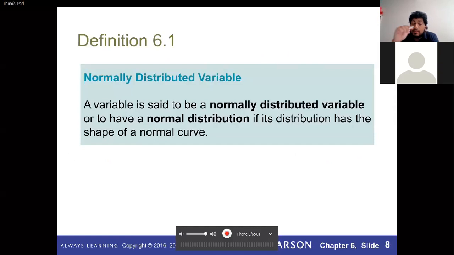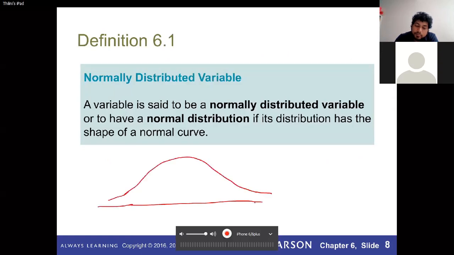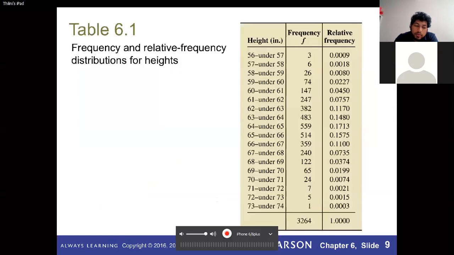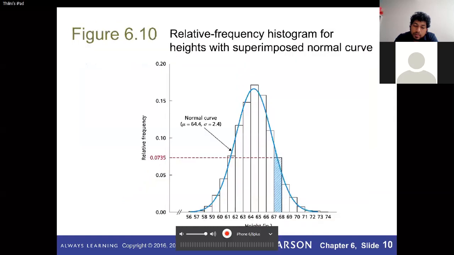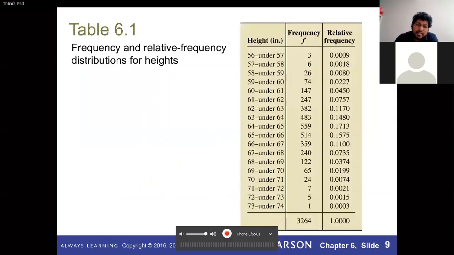If a variable is normally distributed, we call it a normally distributed variable. A normally distributed variable has the shape of a normal curve, this bell shape. Here is a frequency distribution, just an example you can go through.